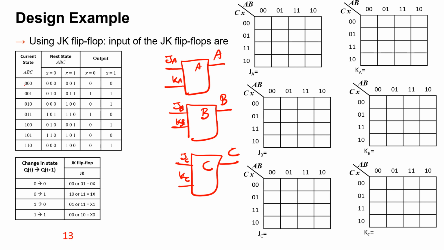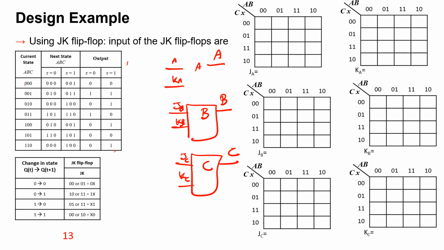You need to figure out what logic combination of X, A, B, and C you need to make transition between the states as you have in this table for all of them. That's why I need 6 K-maps because I have J, K for A, JK for B, and JK for C.